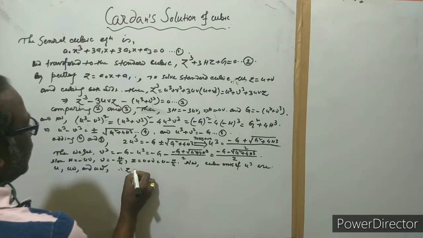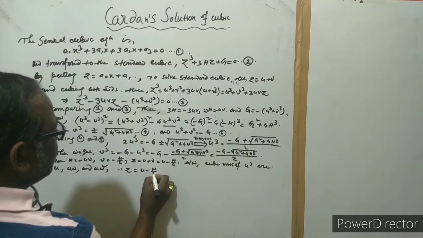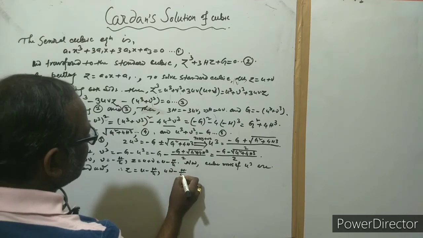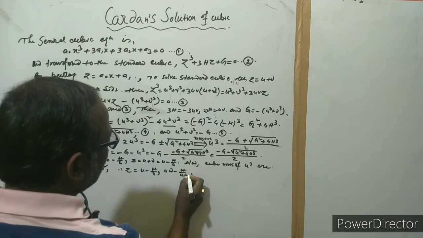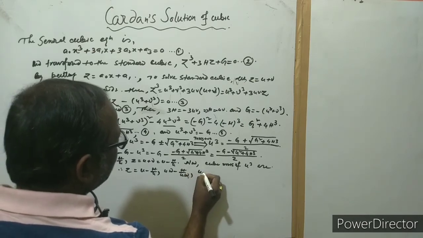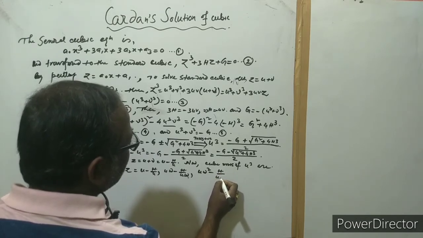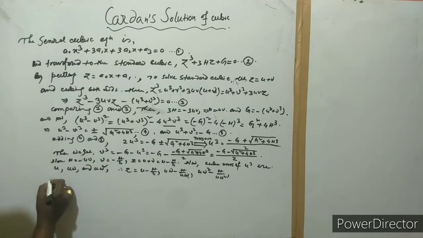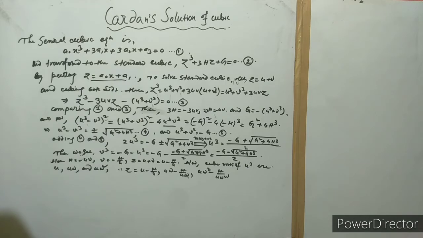Therefore z is equal to u minus h by u, u omega minus h by u omega, and u omega square minus h by u omega square, and this is z.